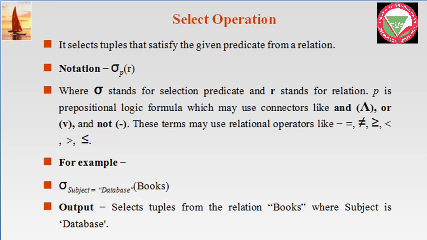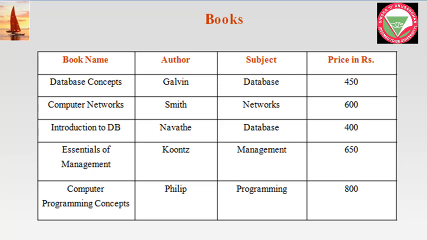In the next slide, I will be showing you the relation book in which there are different attributes, which will be used for this operation as well as all the other operations in this video. So this slide shows the relation book, and here we have got four attributes, which is book name, author, subject, and price in rupees.